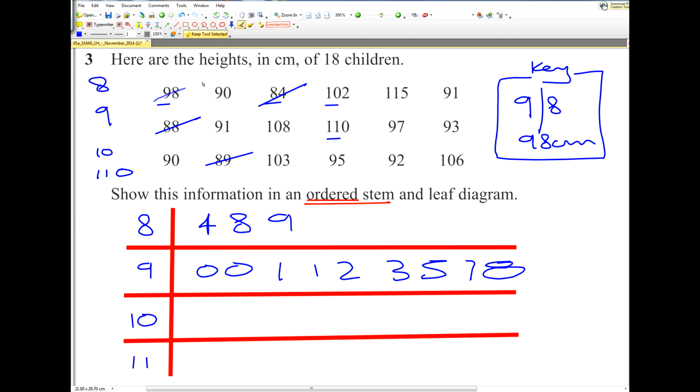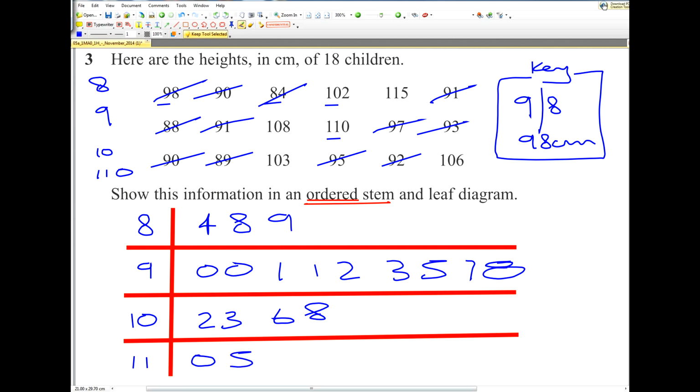And they are all here. We're all happy with that. And the last ones, the 10s: 102, 102, 106, 108. And the 110s: 110, 105.